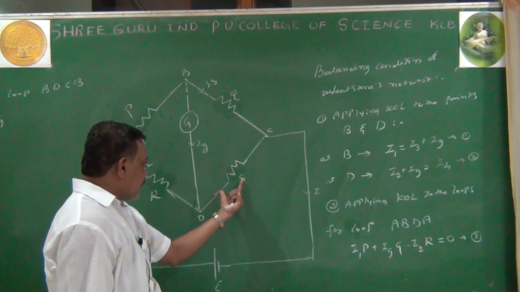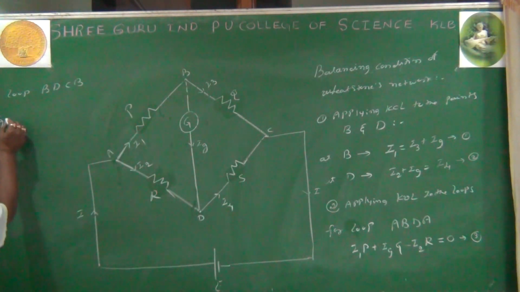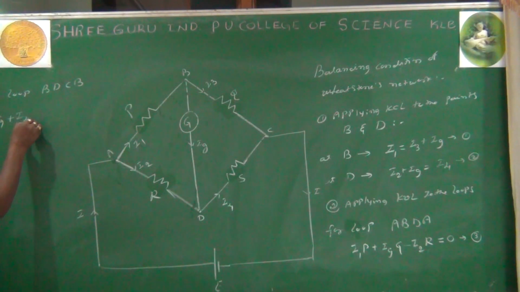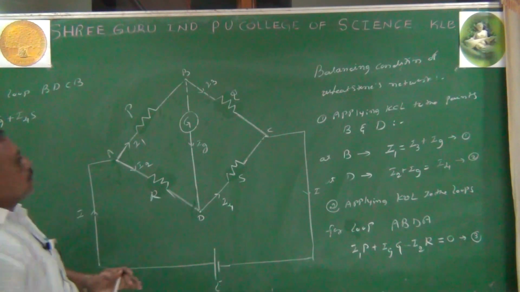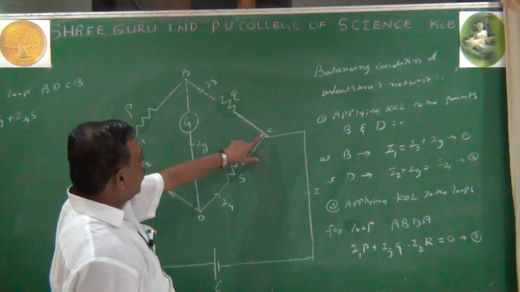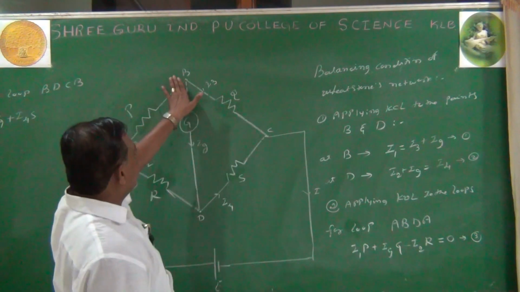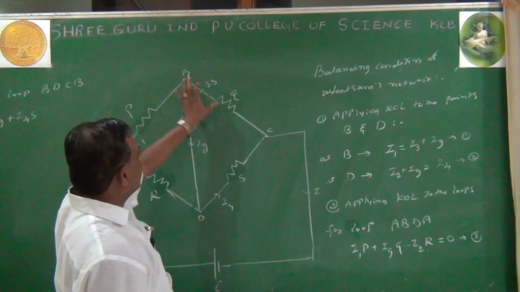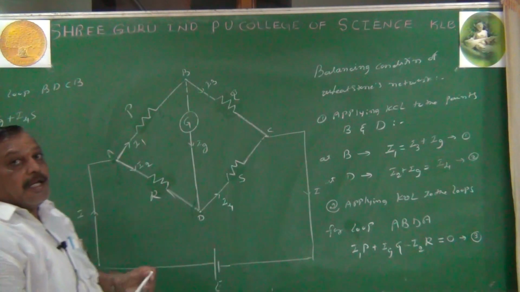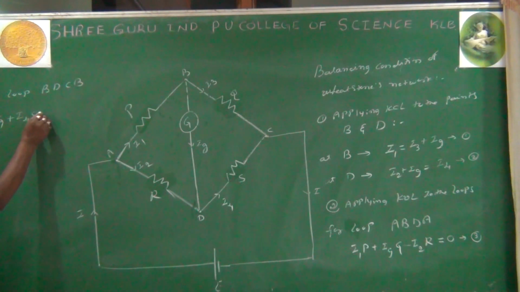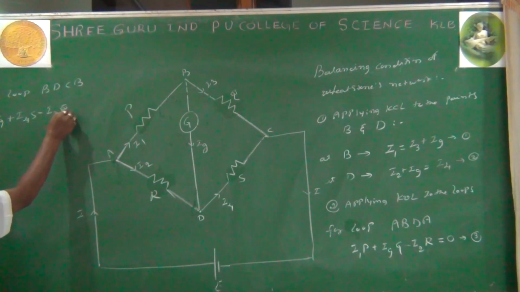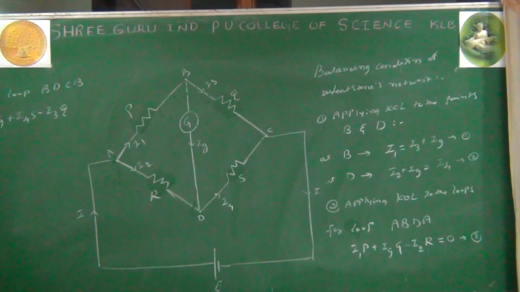Hence the IR product is positive, plus I4 into S. Then last one C to B. To complete the loop, I have to trace from C to B. I am tracing the path C to B, but the current is opposite to the direction of the traverse. Hence, the IR product is taken as negative, minus I3 Q. Is it clear? Now the loop is over.